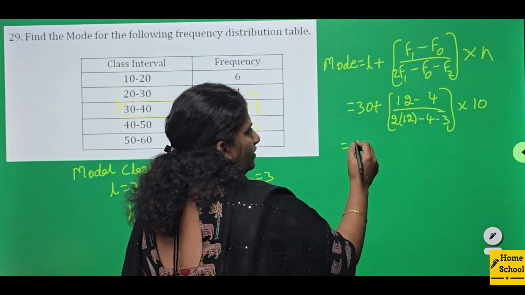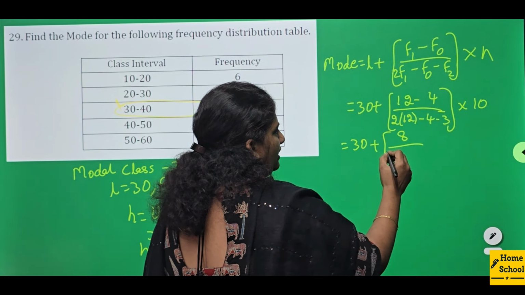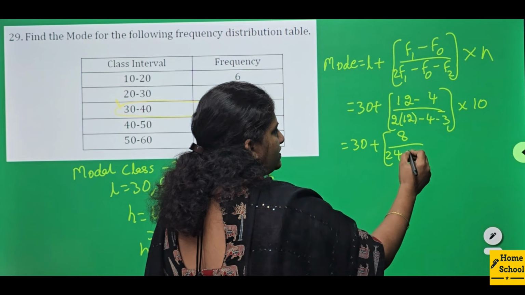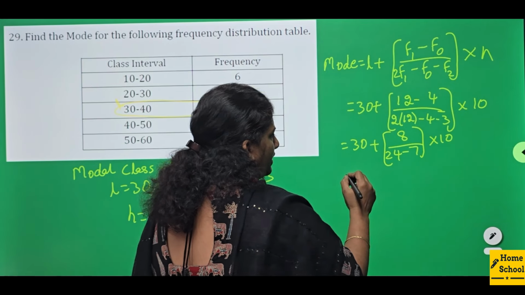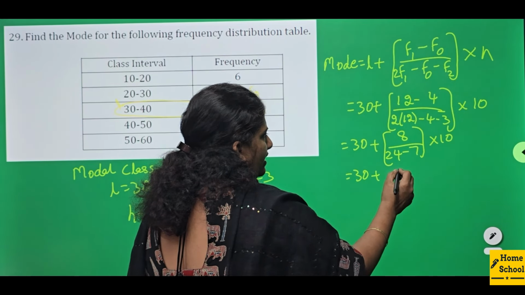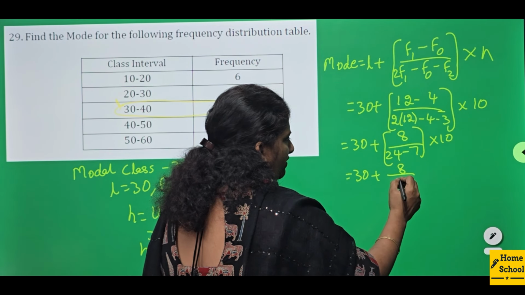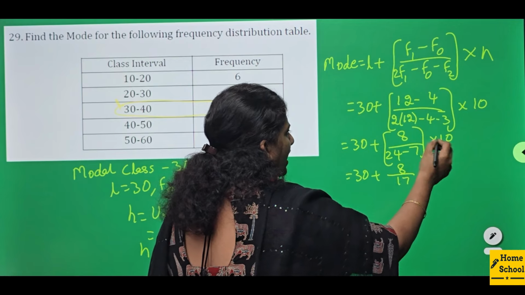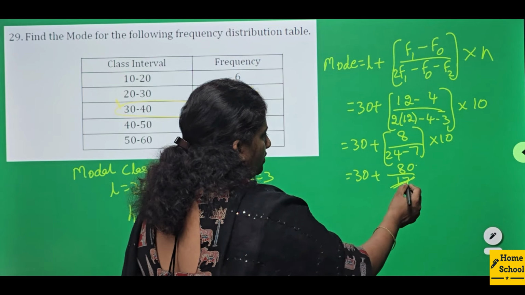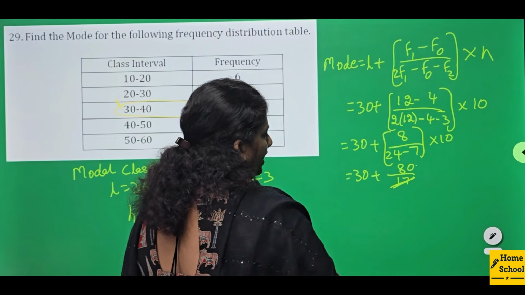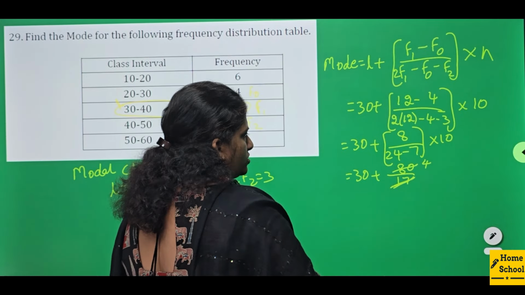10. 30 plus 12 minus 4 is 8. 12 2s are 24, minus 4 minus 3 is minus 7, into 10. 30 plus 8 by 24 minus 7, it will be 17. 8 into 10, 80 you can write. 80 by 17. 17 you divide 80. 17 4s are 68, so 12 left.